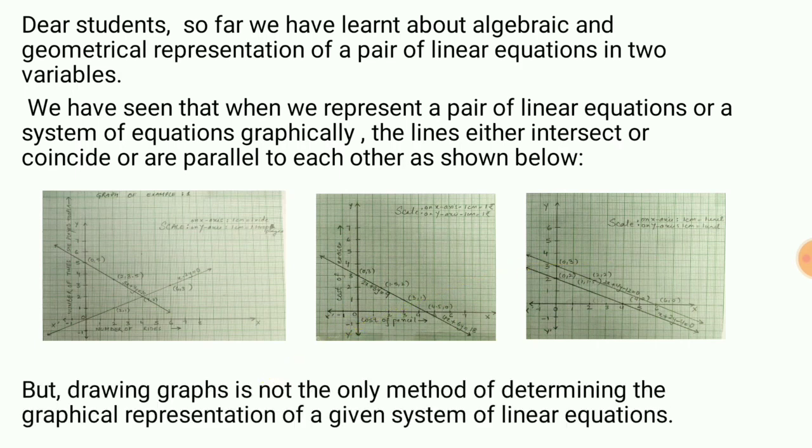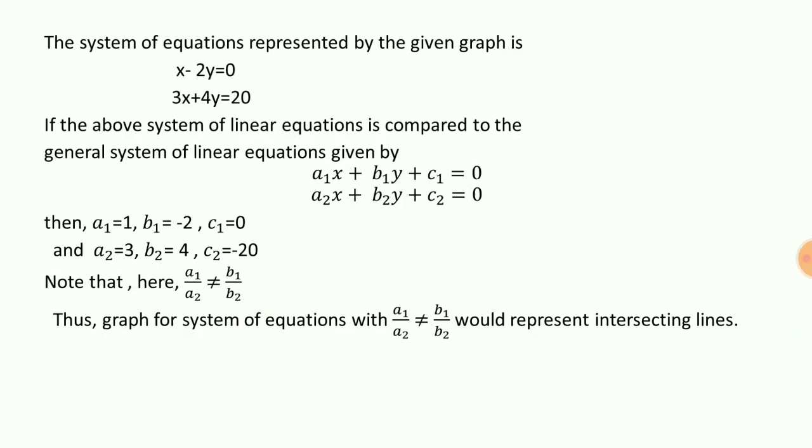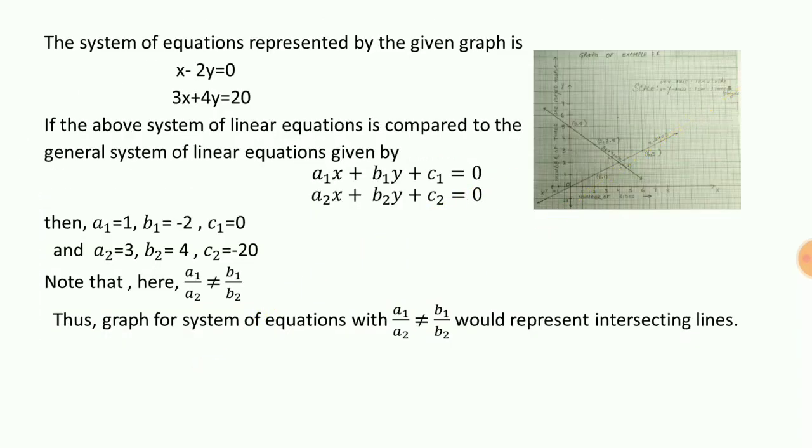But my dear children, drawing graphs is not the only method of determining the graphical representation of a given system of linear equations. We can also do it in another way. Just have a look. The first graph that was given to you had the lines representing the two equations given by x minus 2y equal to 0 and 3x plus 4y equal to 20.